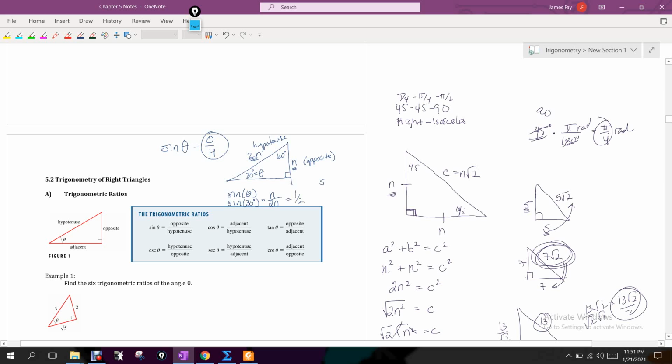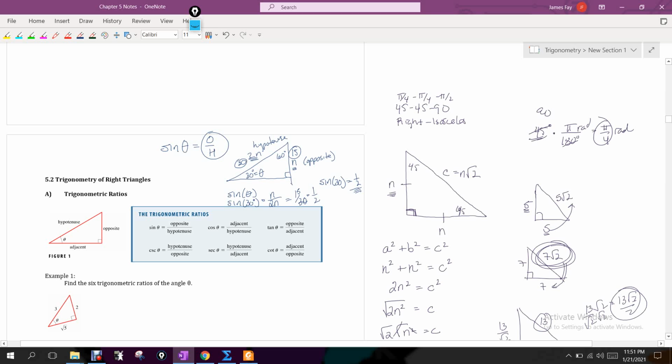So what we see here is that the sine of 30 is equal to 1/2. Now, like I said, it doesn't matter if that was n or 2n. If this is 15, then this would have been 30. So instead of n over 2n, you would have had 15 over 30. And what's 15 over 30 reduced to? Still the 1/2 that we had right there.